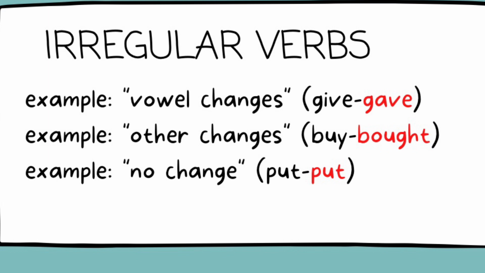The example for vowel changes is give, we turn it to gave. For other changes, buy, we turn it to bought. For no change at all, put, we don't change it to another word like putted, but instead we just use the same word, put.